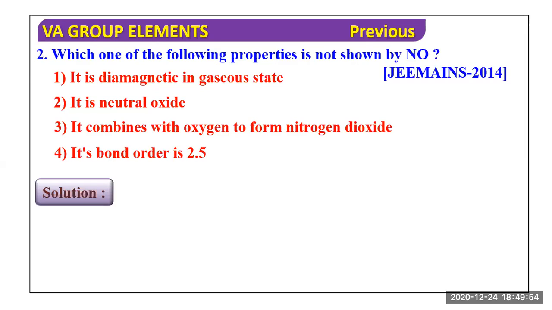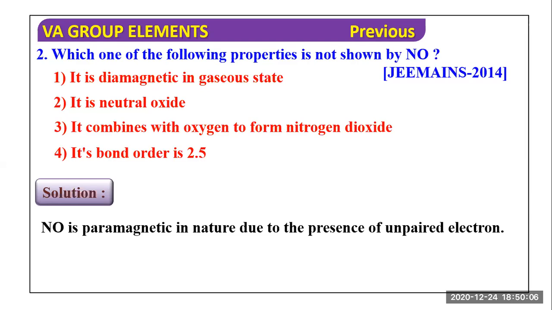Yes, NO is paramagnetic. It is diamagnetic in gaseous state, it is false actually. So NO is paramagnetic in nature due to the presence of unpaired electrons, and it is not diamagnetic.